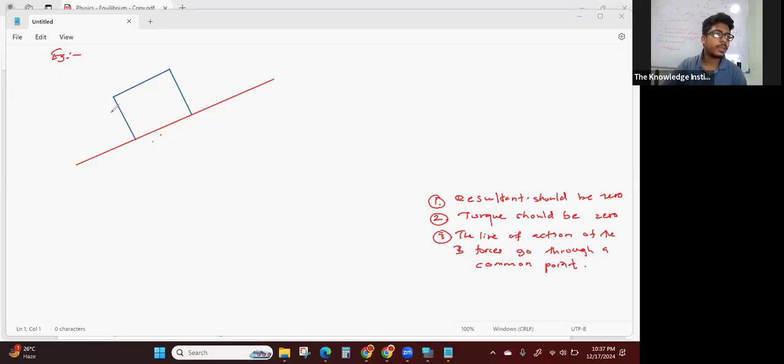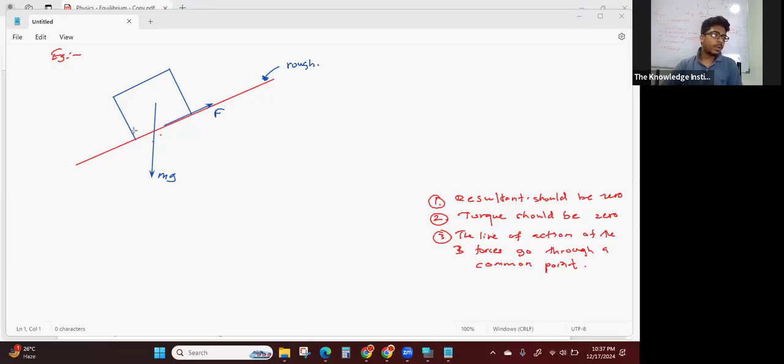The answer is no, right? Here its weight acts vertically downward from the center of gravity, so mg, and then the plane has to be rough, so friction will be there. Friction will act in this direction, because the object tends to move downward.